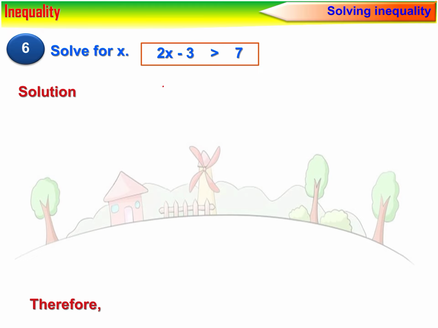What about this? 2x minus 3 greater than 7, easy. First copy 2x minus 3 greater than 7. You need to copy the question first, okay?